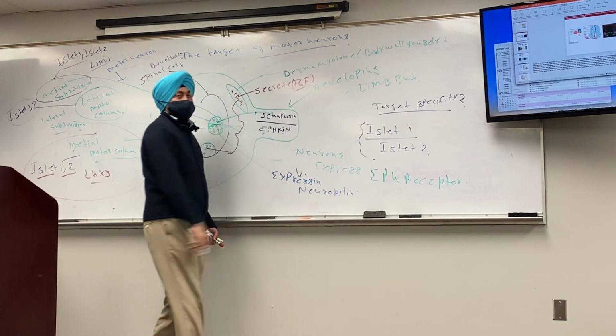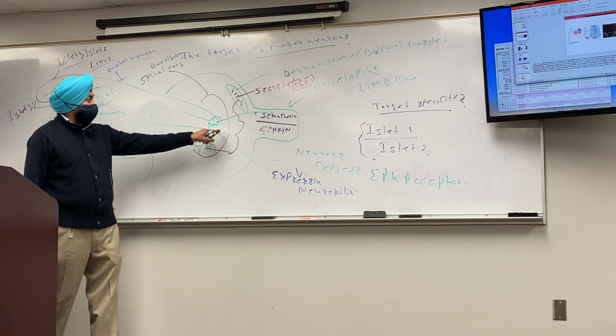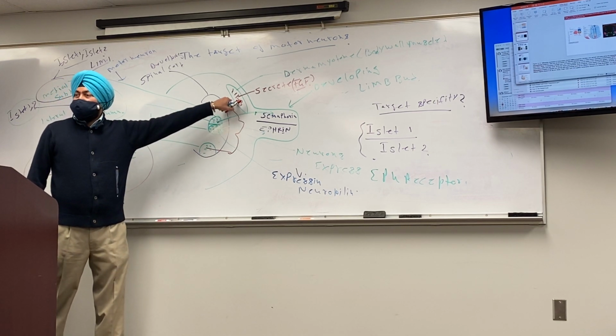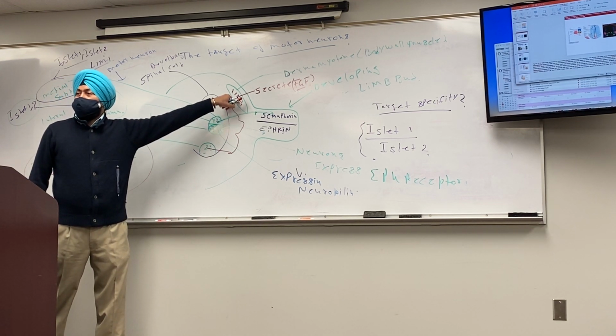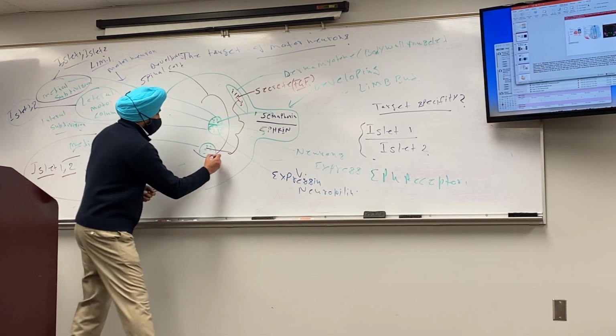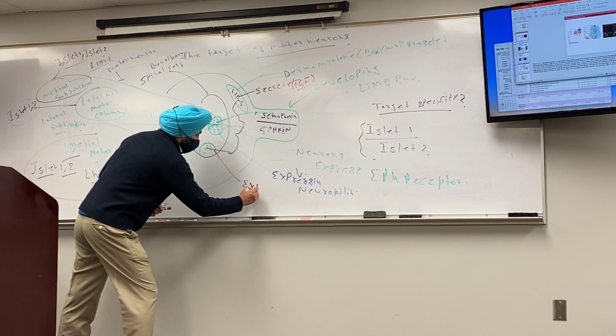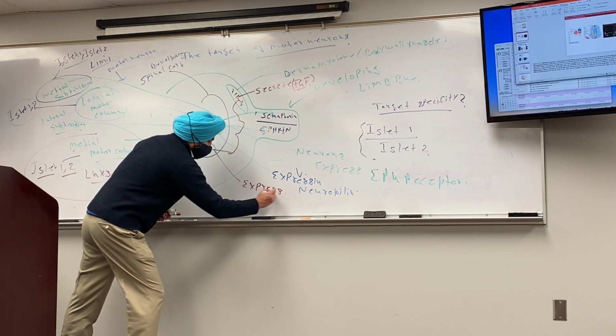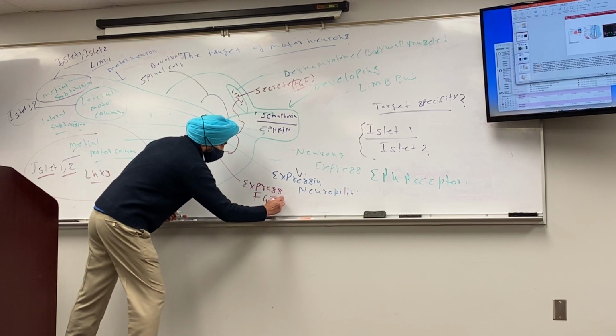FGF is a neurotrophic factor, and these neurons want to have this FGF and start moving towards it. So these neurons here express FGF receptors.